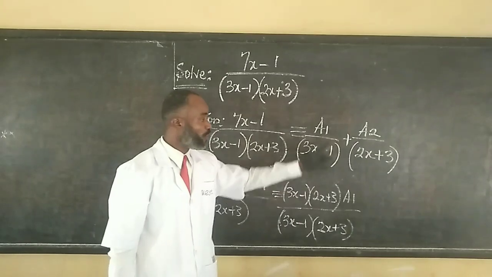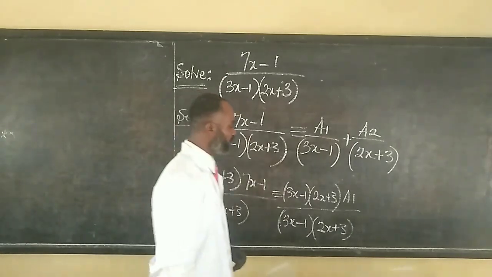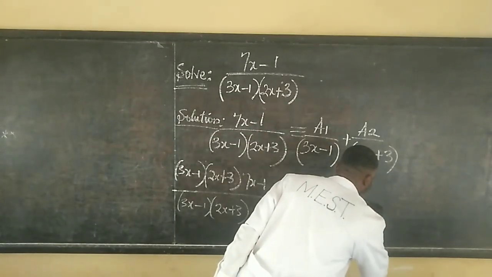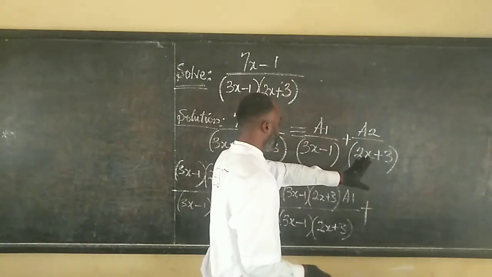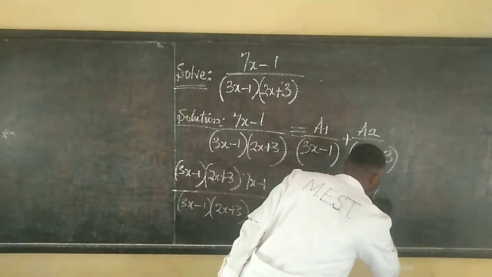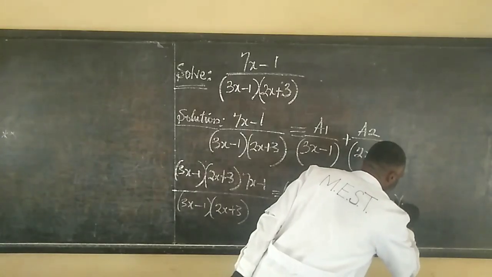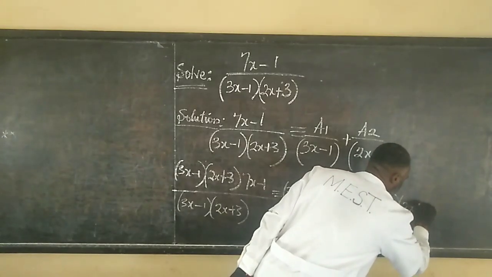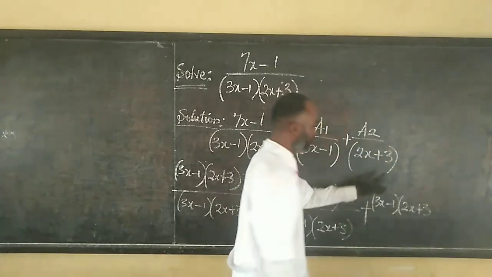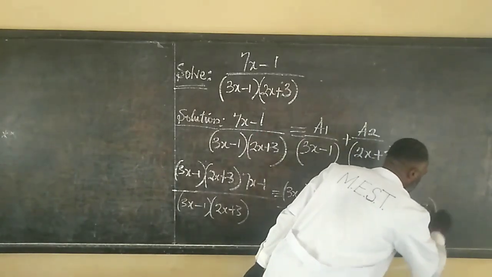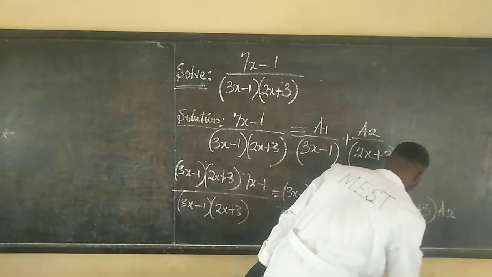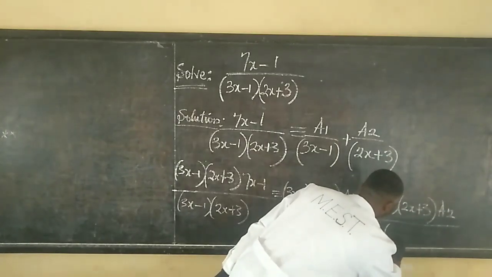Can you see it now? We move again, that's partially. For A2, plus everything for A2, we have bracket open 3x minus 1 bracket close, bracket open 2x plus 3 bracket close, and this becomes A2 all over 2x plus 3.